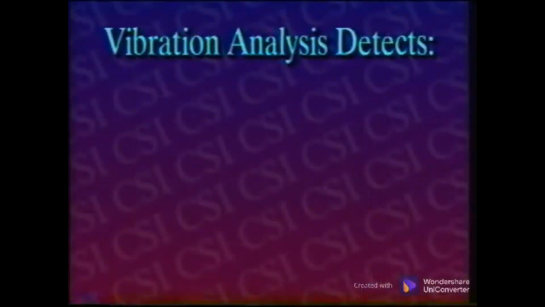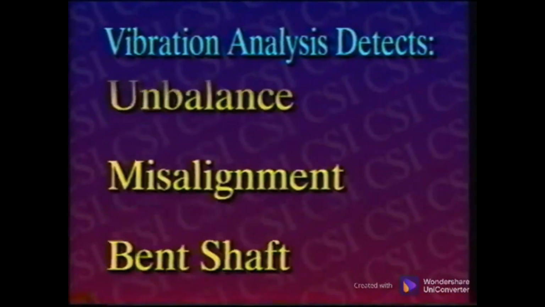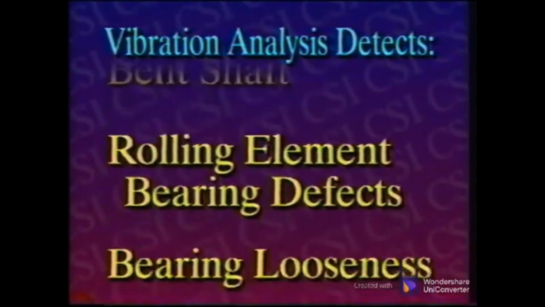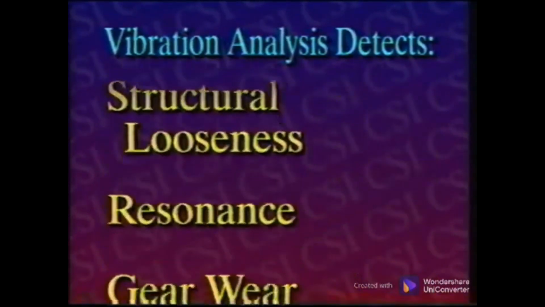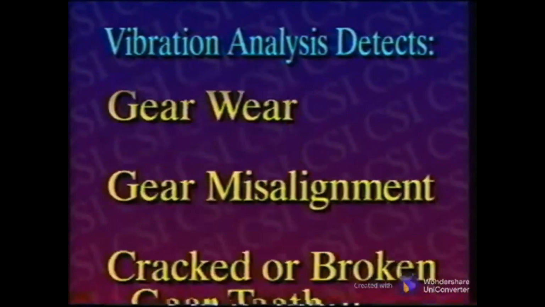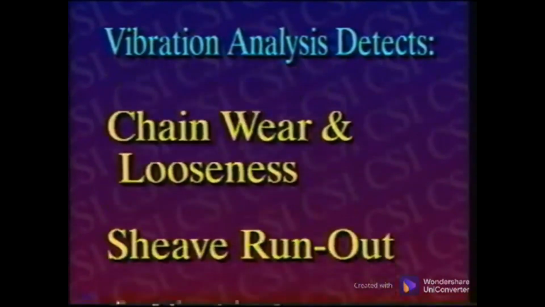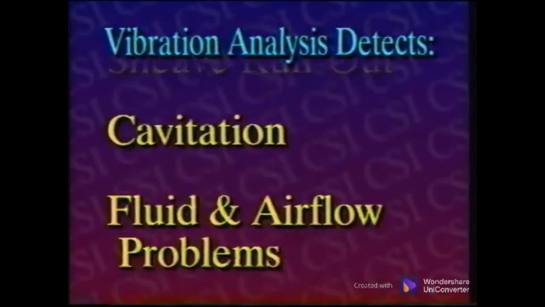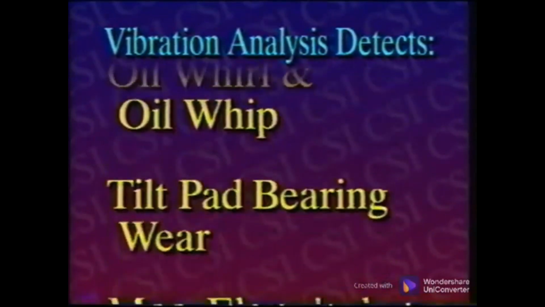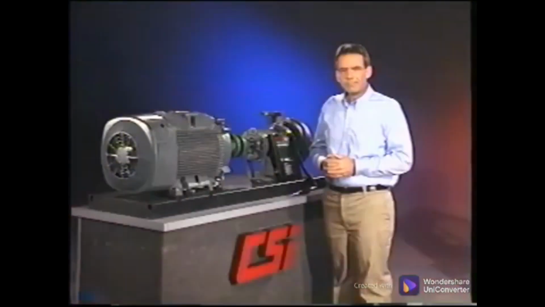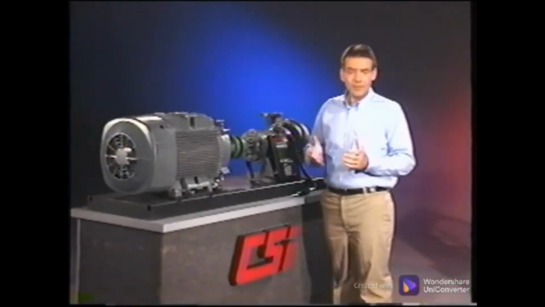Among the many mechanical and electrical problems that vibration analysis can determine are unbalance, misalignment, bent shaft, rolling element bearing defects, bearing looseness, loose bearing mounting, structural looseness, resonance, gear wear, gear misalignment, cracked or broken gear teeth, belt wear and looseness, chain wear and looseness, sheave runout, cavitation, fluid and airflow problems, sleeve bearing wear and looseness, oil whirl and oil whip, tilt pad bearing wear, and most electrical problems.